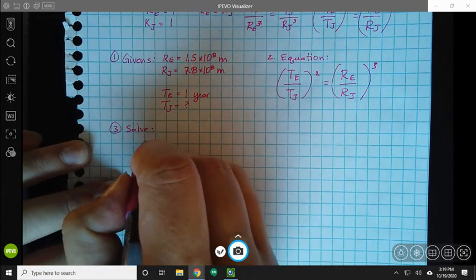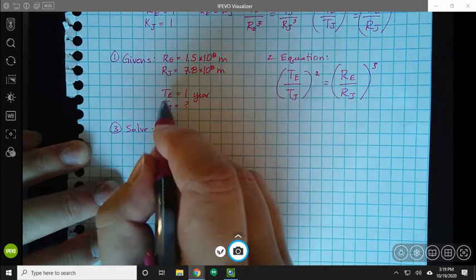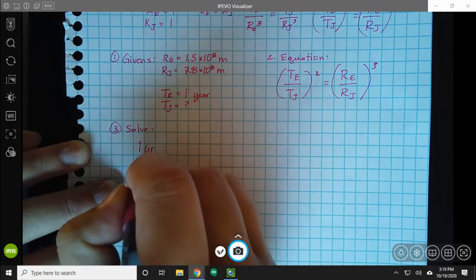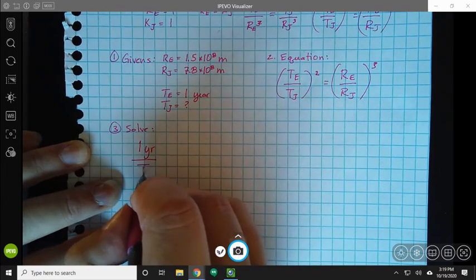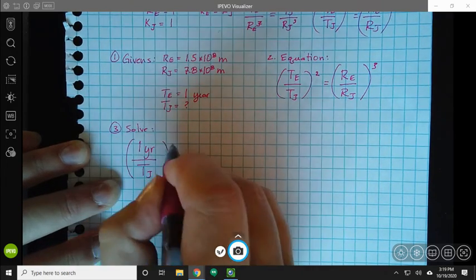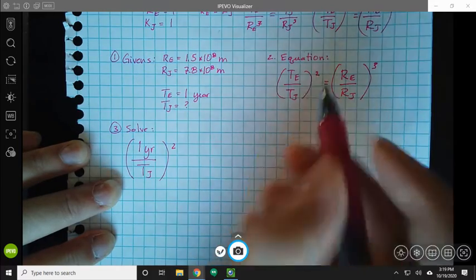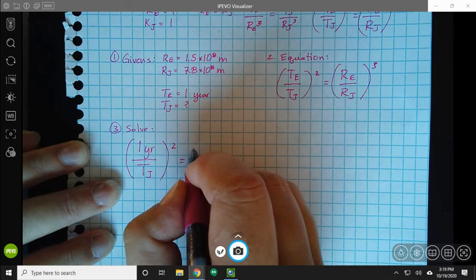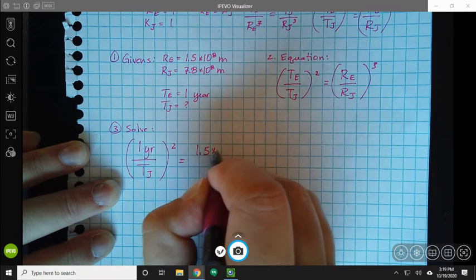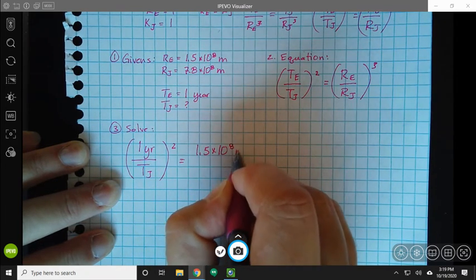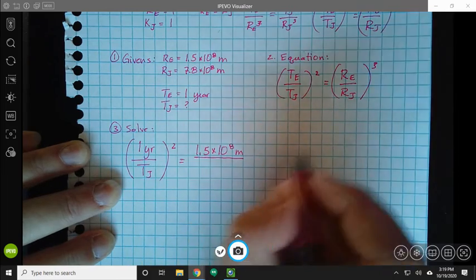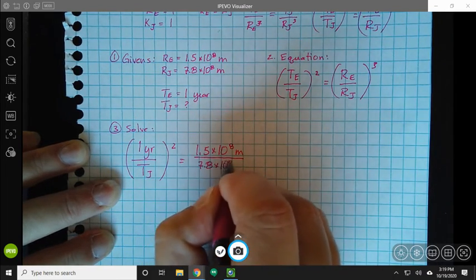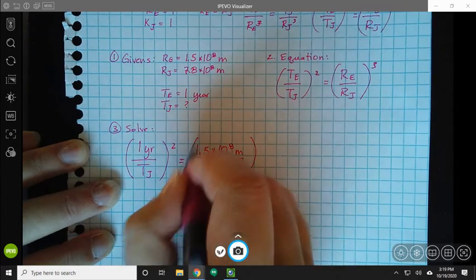That would be that Te is equal to 1 year, and we don't know what Tj is, and we're going to square all of that, equals Re, which is 1.5 times 10 to the 8th meters, over Rj, which is 7.8 times 10 to the 8th meters.